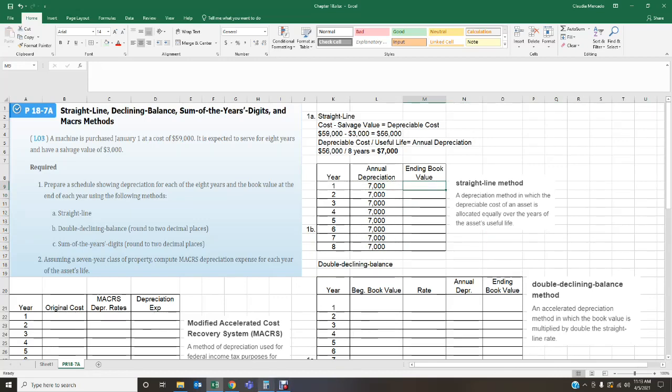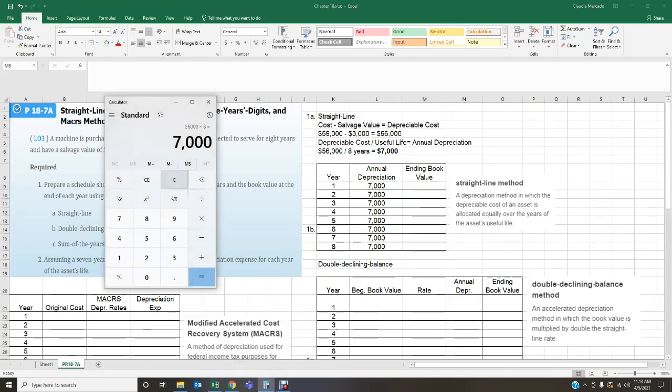Now, let's do our book value. We're going to get our ending book value. To get our ending book value, we start with the cost of the asset.